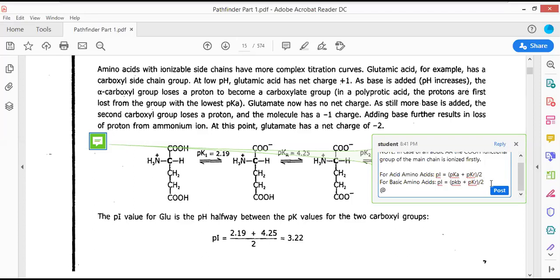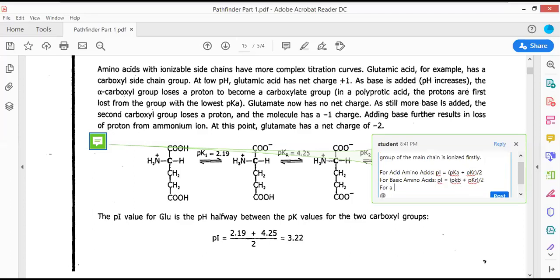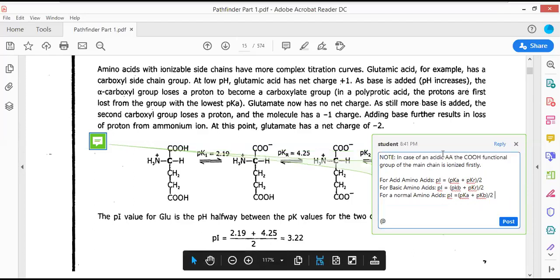And for a normal amino acid, the formula becomes pI equal to pKa plus pKb divided by 2. That is pKa plus pKb divided by 2. Okay, this becomes the normal formula for the amino acid residue.